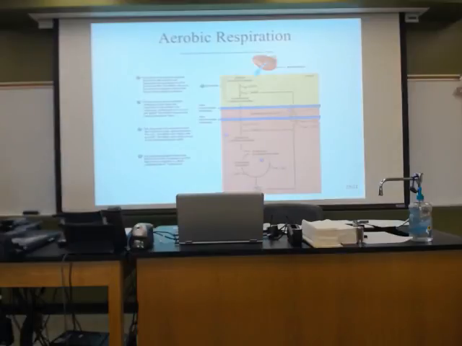Now, I do not in any way expect you to know the steps that we're going to look at right now, okay? I'm simply showing you there are lots of steps that exist.